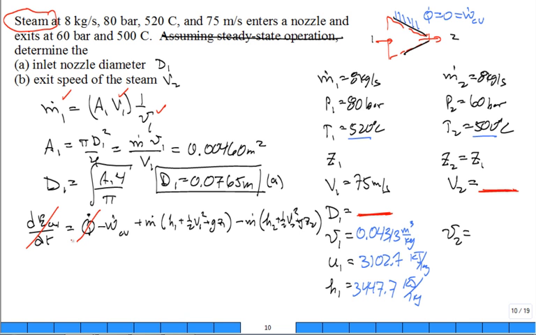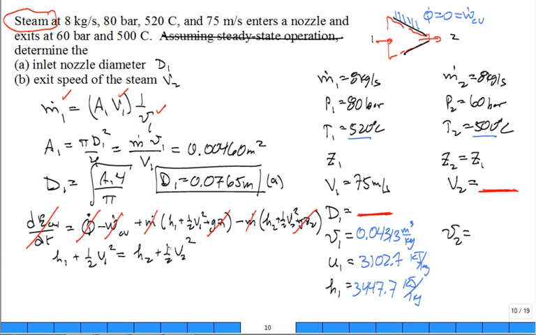For a nozzle, there's no heat, no shaft work. The mass flow rates are the same, they cancel. There's no information about the change in elevation. And what we find is the inlet enthalpy plus the inlet kinetic energy is equal to the exit enthalpy plus the exit specific kinetic energy.